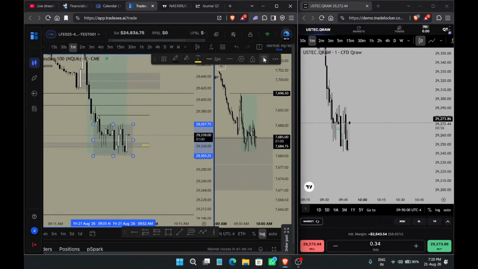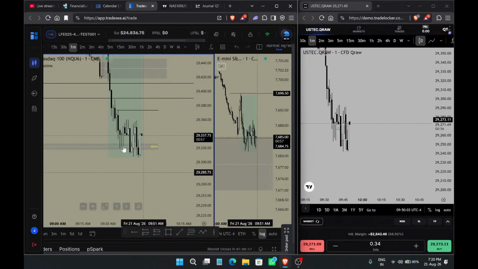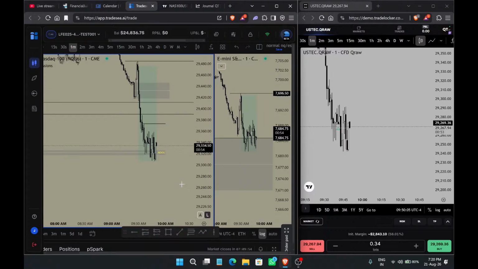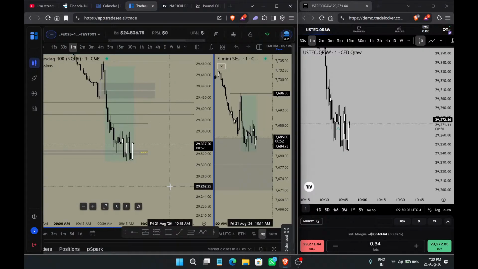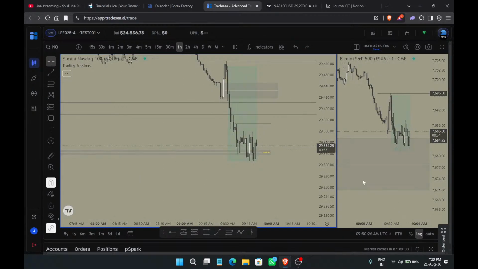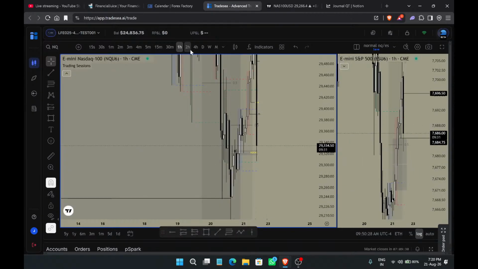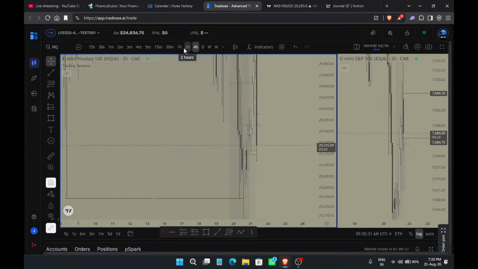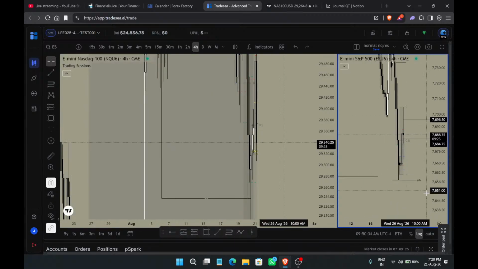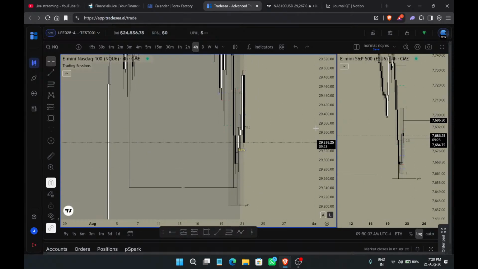Here we are getting that choppy inside the end top. I don't remember what the level was. Look at this forward. This forward should shift bullish.